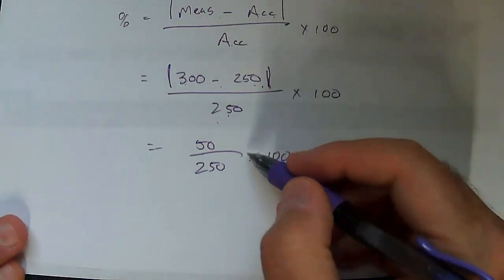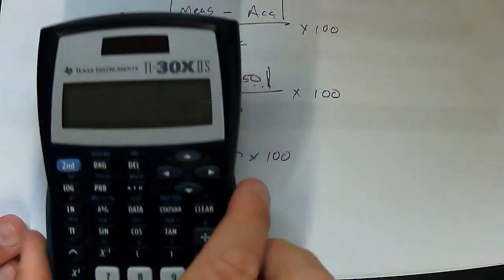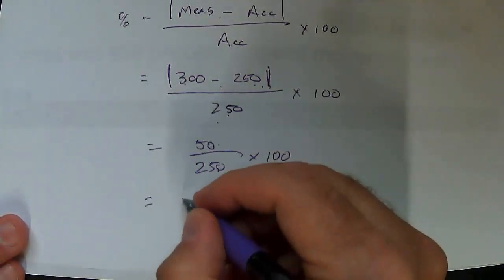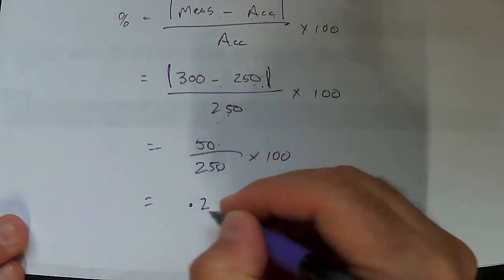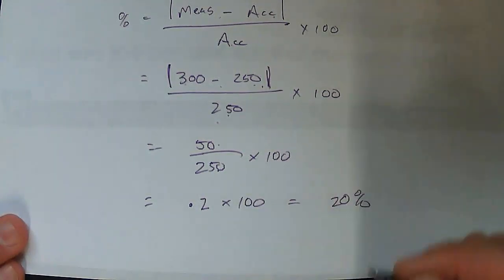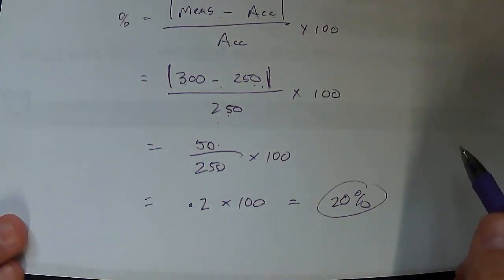So 50 divided by 250 is 0.2, and we multiply that by 100, which equals 20%.